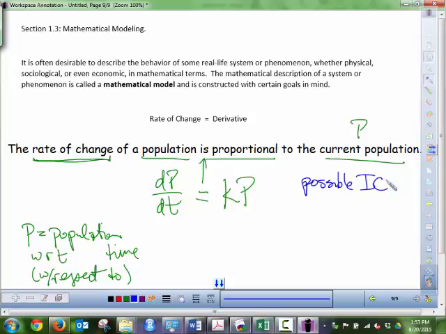So possible initial condition at time 0, or at the beginning of time. Let's say this is a population of bacteria in a dish or something. At time 0, there are 300 in your population.